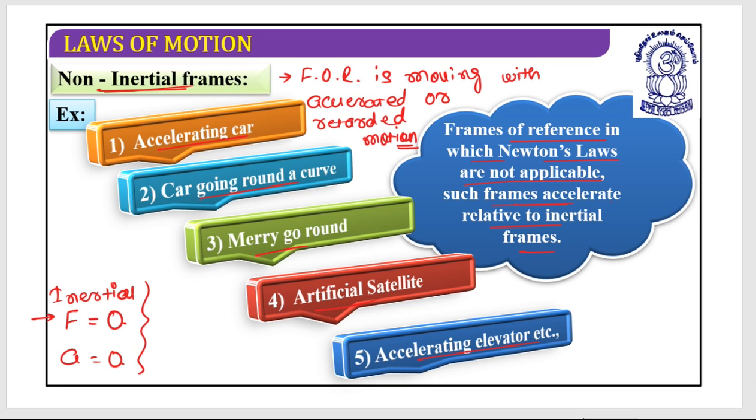Okay, now what about the non-inertial? If the force is not zero, that means a force is acting on it, or it has accelerated or retarded motion, I'm talking about that frame of reference, then it is a non-inertial frame of reference.